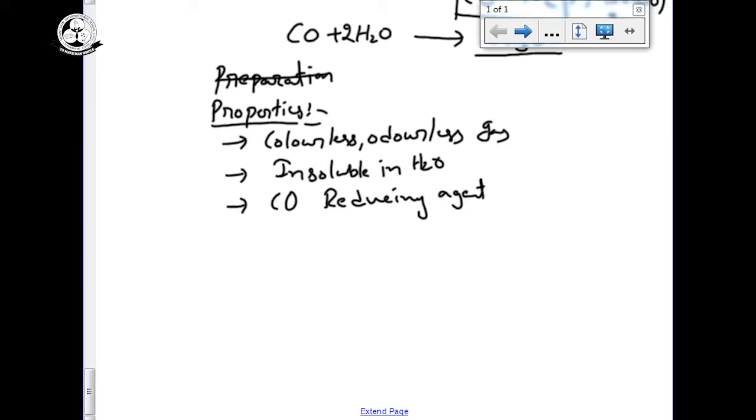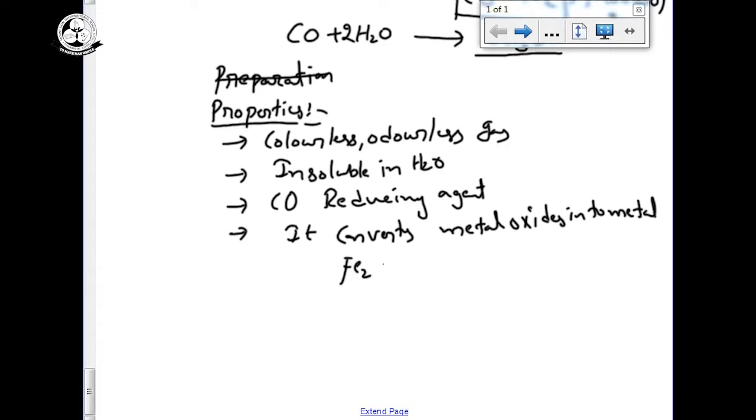It can reduce metal oxides into metal. Why is it used as the best reducing agent? Because it converts metal oxides into metal. Taking the same equations as above, for example iron oxide Fe2O3, previously I wrote carbon, now I am writing carbon monoxide.